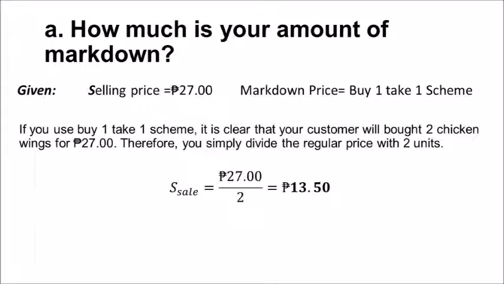If you use the buy one take one scheme, it is clear that your customer will get 2 chicken wings for 27 pesos. Therefore, you simply divide the regular price by 2 units to determine the selling price with sale. So your sale price is 27 pesos divided by 2, which is 13.50 pesos. The sale price for each fried chicken wing is 13.50 pesos.